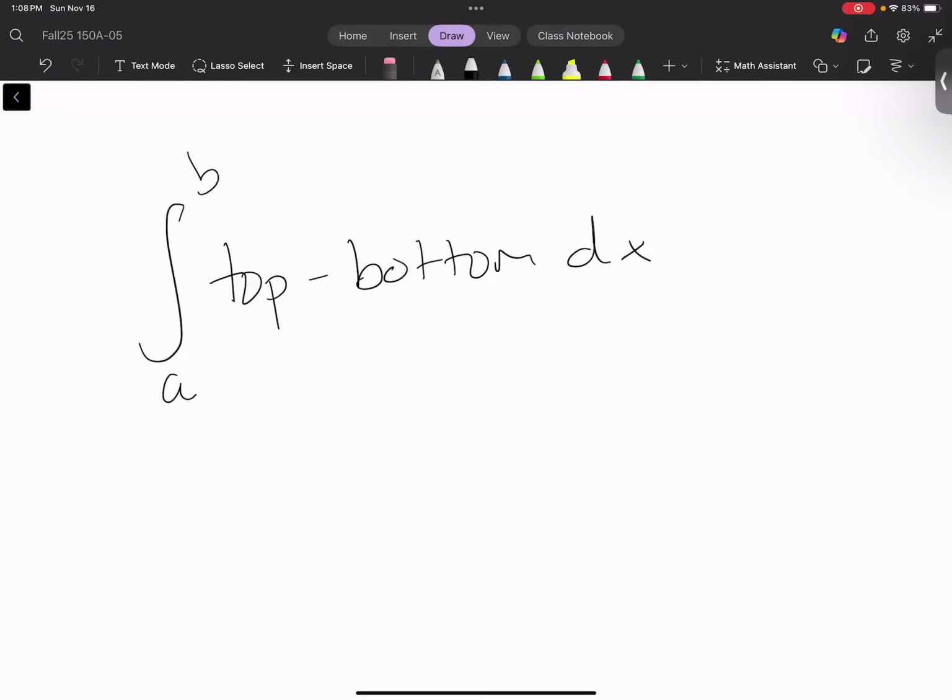What I want you guys to think of it as is this is really our bigger or more positive function, if it's above in our plane. It's bigger, it's on top, but it's more positive. But instead of thinking on top, think bigger or more positive. Then bottom is smaller, less positive, whatever.